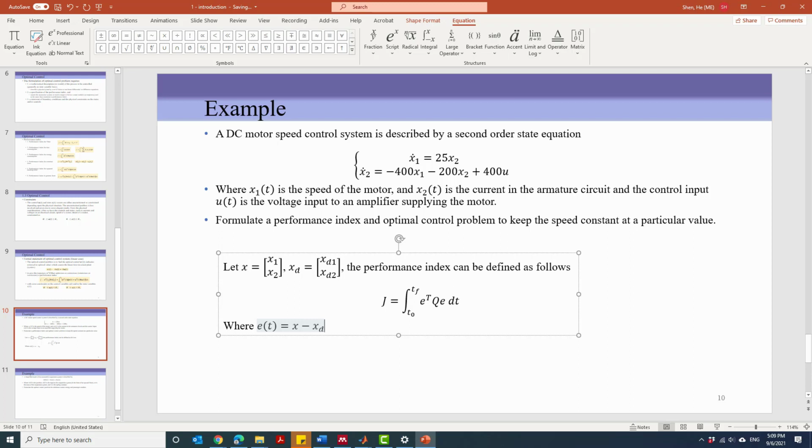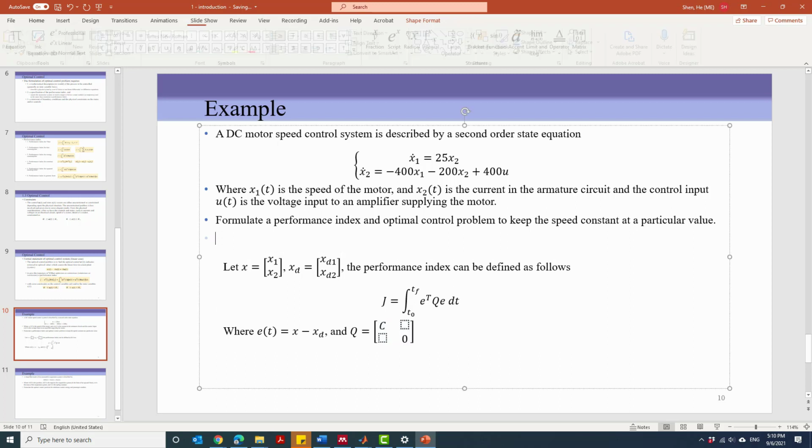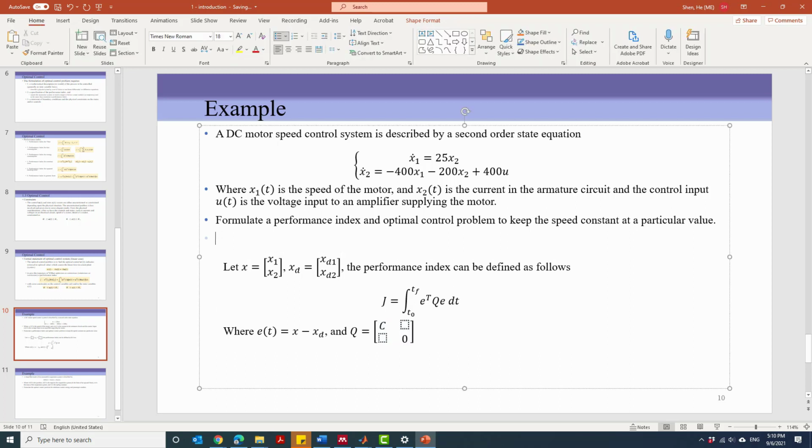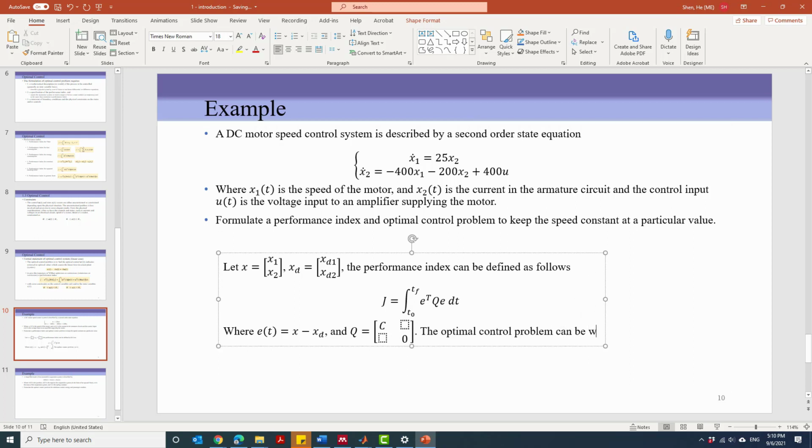And since we don't care about x2, the current, Q can have a constant c, and the other weight is 0. And the optimal control problem can be written as follows.